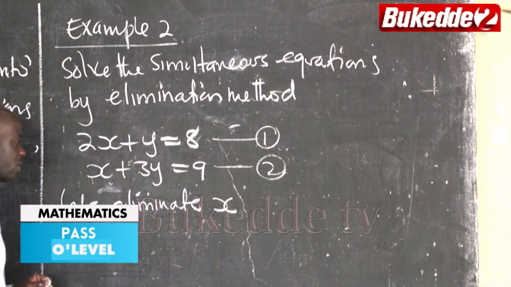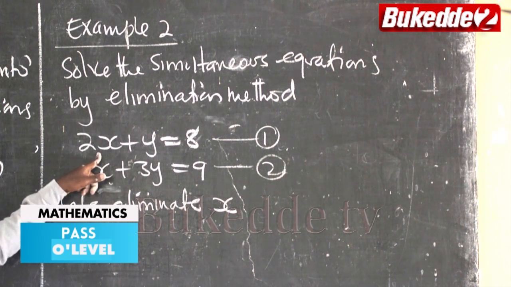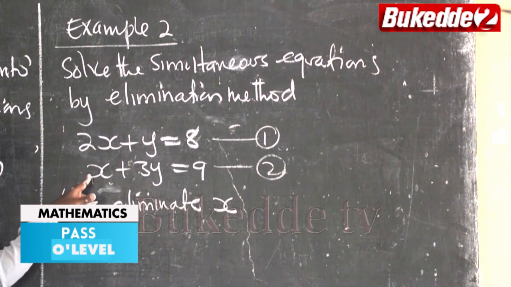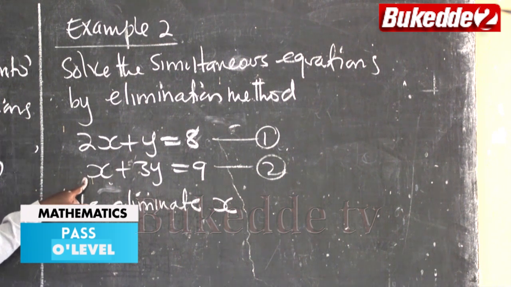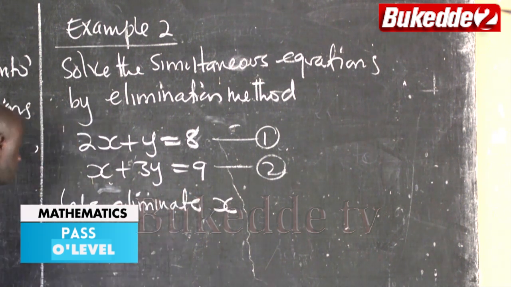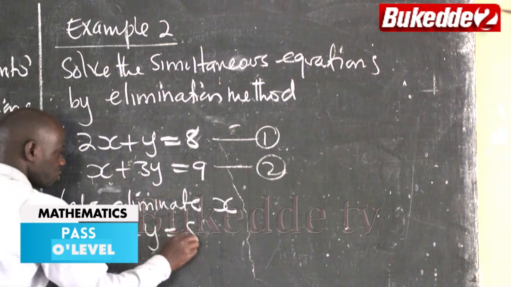Now, when we look at equation 1, the coefficient of x is 2. Whereas in equation 2, the coefficient of x is 1. How can we make this one 2? We can do so by simply multiplying this equation by 2. By 2 here, by 2 there. Now, this is going to give us 2x plus y is equal to 8.